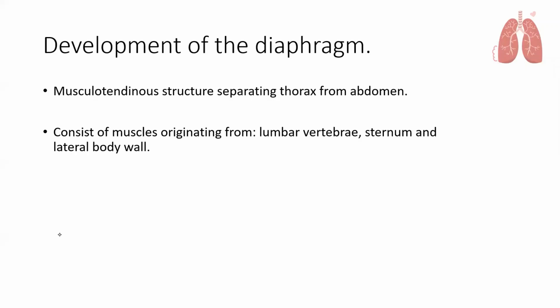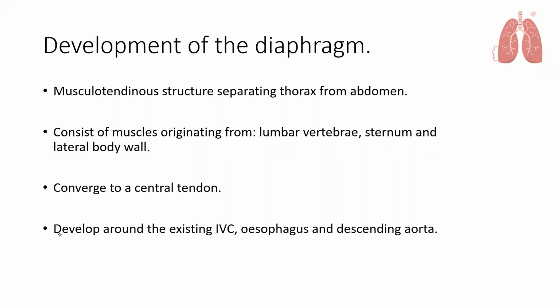Right? It consists of muscles originating from the lumbar vertebrae, sternum and lateral body wall. It converges to a central tendon and develops around the existing inferior vena cava, esophagus and the descending aorta. As you saw earlier, they develop around these structures. So these develop from the 4 embryonic components.